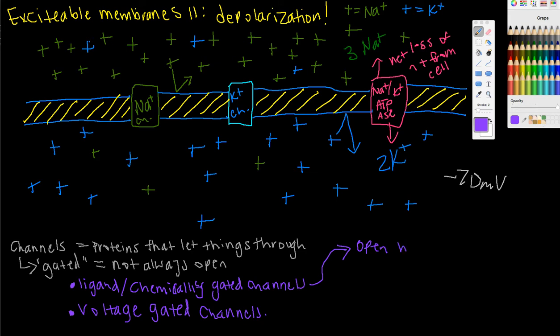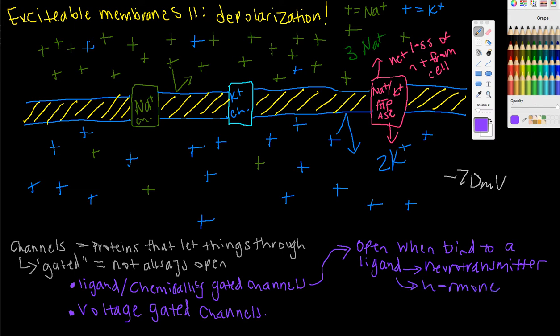So open when they bind to a ligand. And a ligand is just sort of a catch-all term for something that binds a large protein. So in ligand-gated channels, this could be a neurotransmitter. It could also be a hormone. Just some chemical binds to the protein, and that causes the protein to open and let ions through.